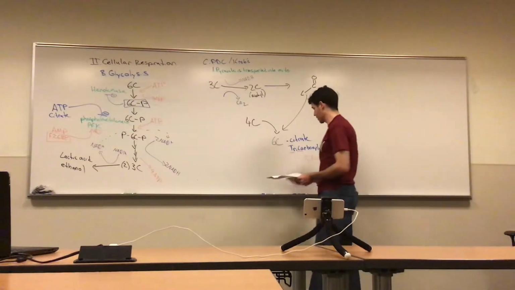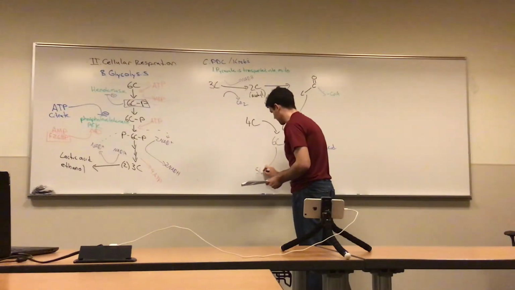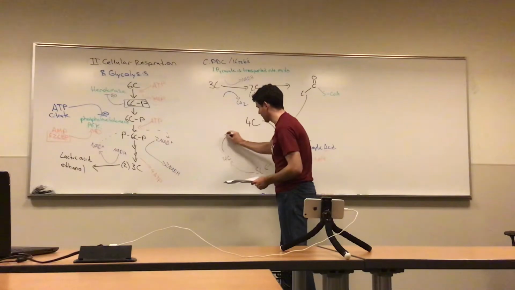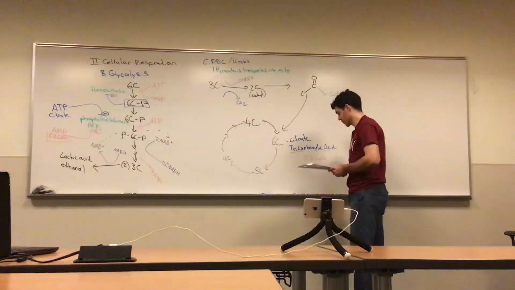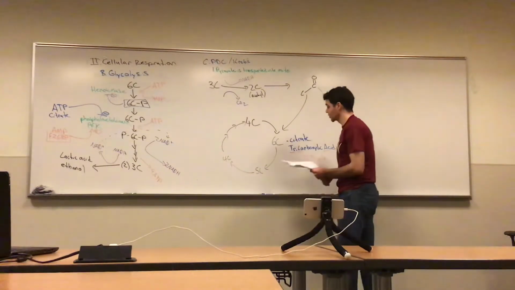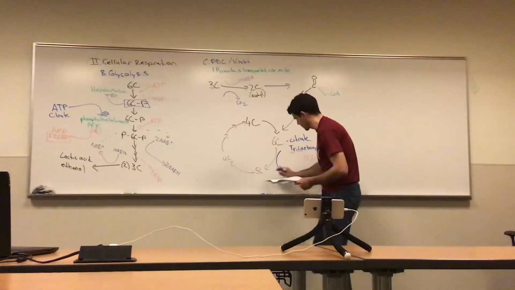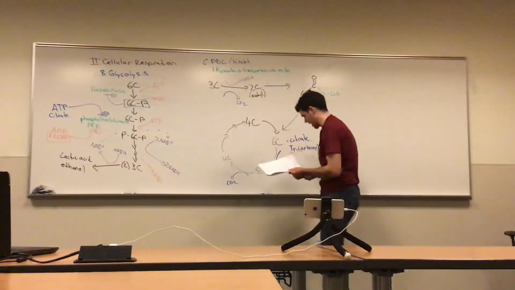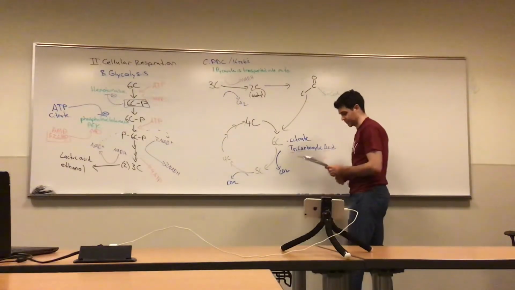So this 6-carbon thing decarboxylates, becomes a 5-carbon thing, and decarboxylates again, and becomes a 4-carbon thing, which goes through some other reactions to come back to the starting 4-carbon thing. Remember, with these decarboxylations we're losing CO2, and every time we lose a CO2, we make an NADH.